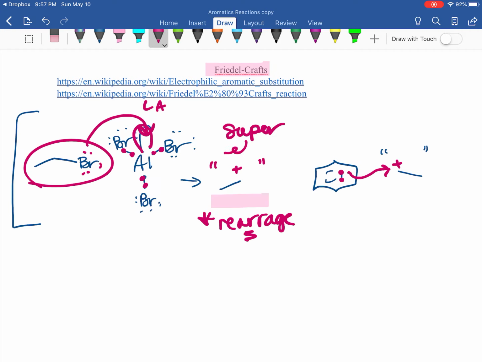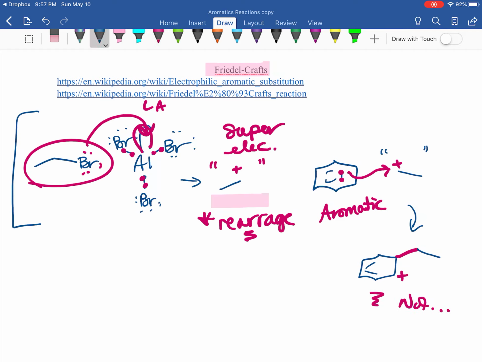Now our nucleophile is strong enough to react with that super electrophile. That's our super electrophile. And then what happens to our benzene? Well, we just formed a bond to that ethyl. And what did we leave behind? A carbocation.